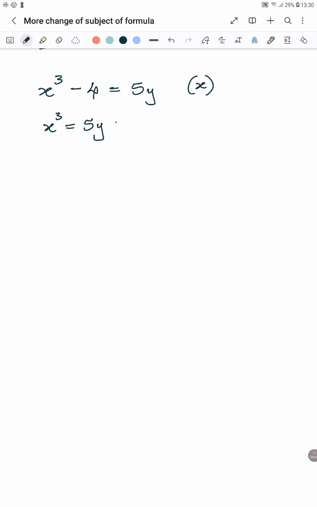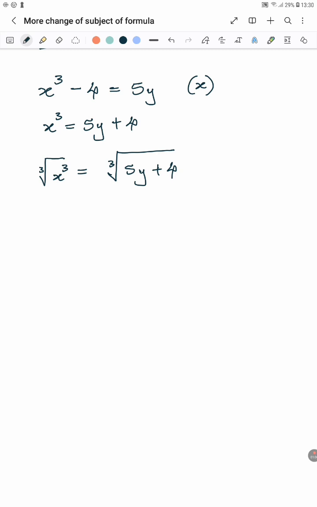That's 5y plus 4. And here you're going to find the cube root of both sides, which means you're going to have 5y plus 4 under the cube root sign.